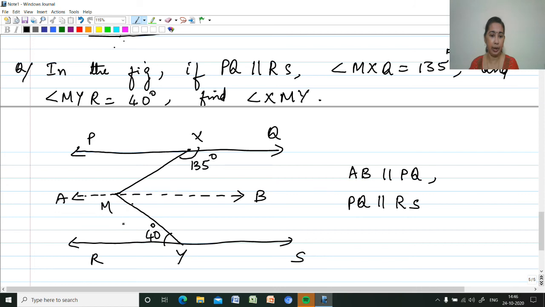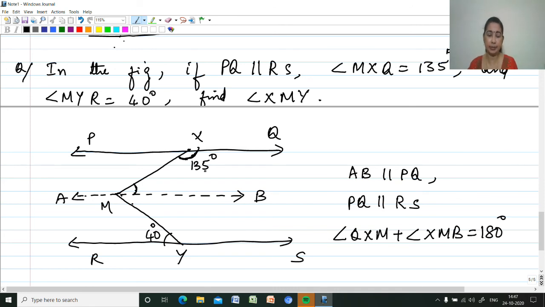So this angle QXM plus angle XMB, that is two interior angles on the same side of the transversal, their sum will be supplementary because of the theorem we studied earlier. That means angle QXM plus angle XMB is equal to 180 degrees.